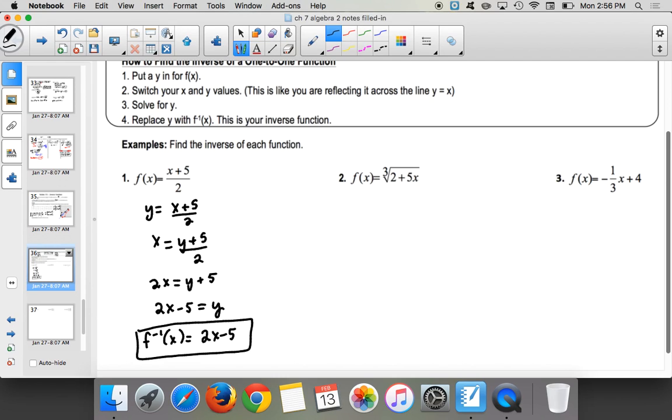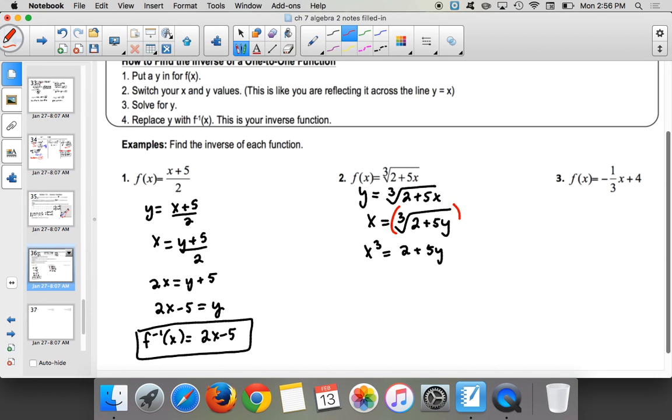So this next one, I have f of x, that's y, so you can write it as y if you want to. Or you can combine these two steps and say x equals the cube root of 2 plus 5y. So you can eliminate that first step and go straight to that if you want. All right, how am I going to get rid of the cube root? Cube both sides. So I get x cubed equals 2 plus 5y.